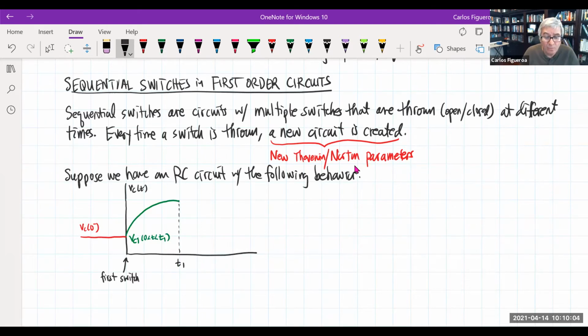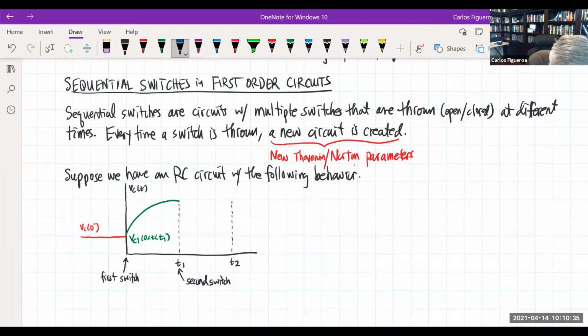And at T1, you're going to see that I now have a second switch that gets turned on. And the second switch, let's suppose that it discharges. So let's follow this all the way to T2, excuse me.